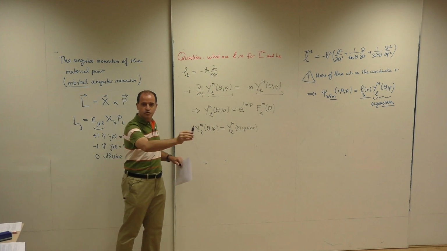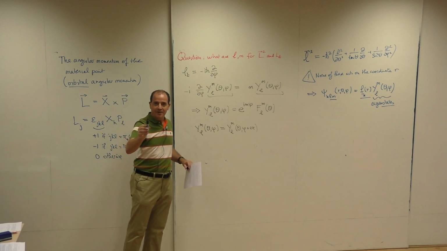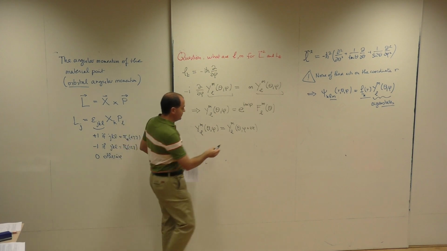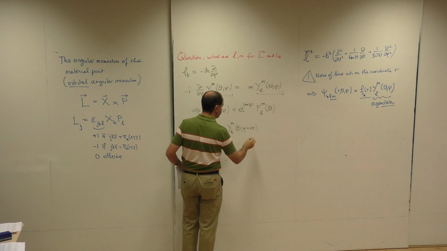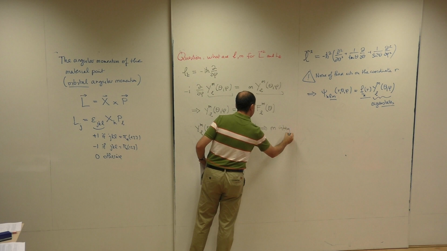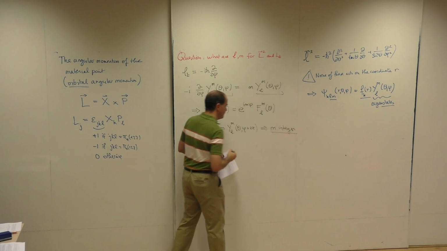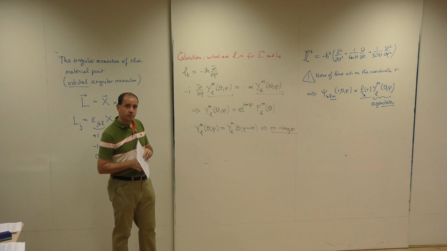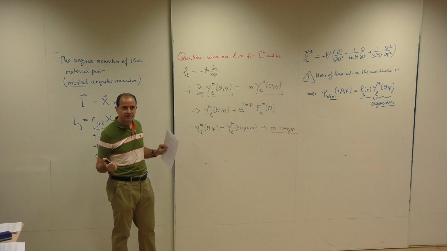Even if the coordinate seems to have evolved by 2 pi, we are back at the same physical point. The wave function must have the same value. This periodicity is only ensured if m is an integer. It might be all integers, it might be some integers; we still have to check that.